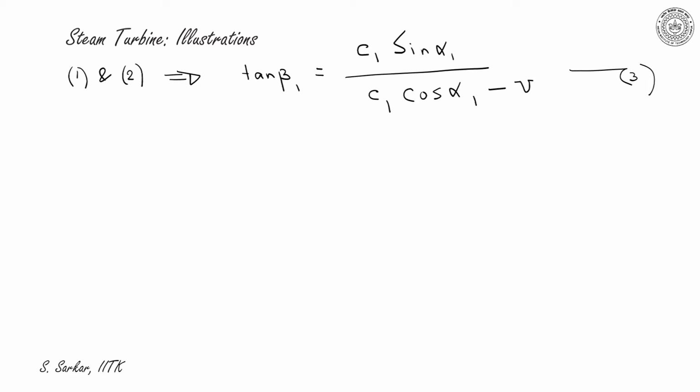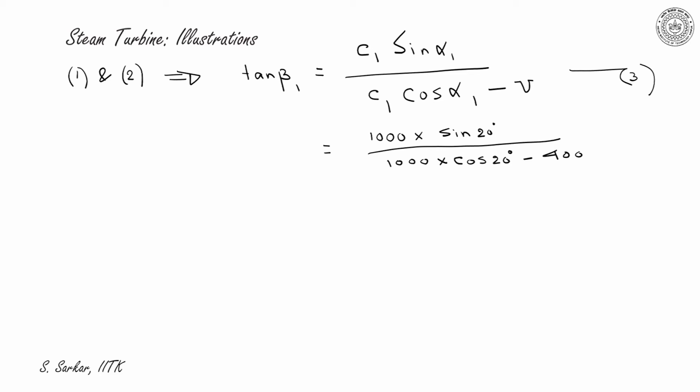So all quantities in this are known. Just for your appreciation, C1 is 1000, alpha 1 is 20 degrees, so tan beta 1 is equal to 1000 sine 20 degrees divided by 1000 into cos 20 degrees minus U, where U is 400 meters per second.